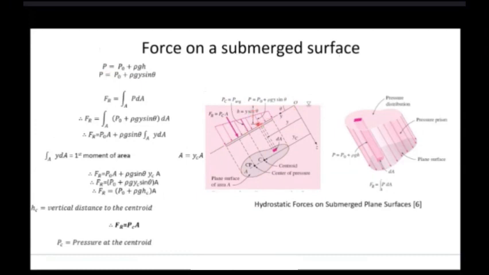This small part of this surface, let's call this dA. That is a distance, a height, h, below the surface, and h therefore would be y sine theta. Y sine theta tells me the position, the height of this small surface here.